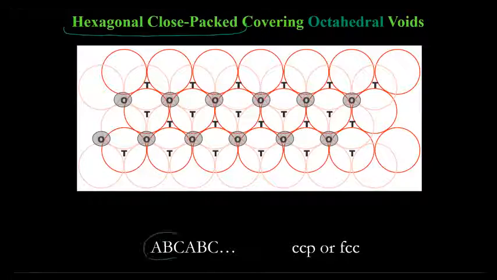This is ABC, ABC, and it is termed as CCP or FCC. CCP means closed cubic packing, or FCC is face centered cubic. And octahedral voids will be in ABC, ABC type.